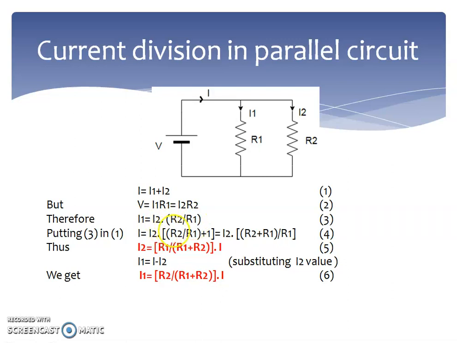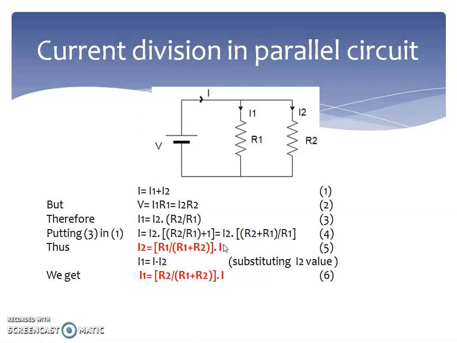Now, putting this value obtained in equation 3 into equation 1, I is equal to I2 R2 by R1 plus I2, and taking I2 as common, R2 by R1 plus 1. So I is equal to I2 times R2 plus R1 divided by R1. Or we can say that I2 is equal to R1 divided by R1 plus R2 into I.